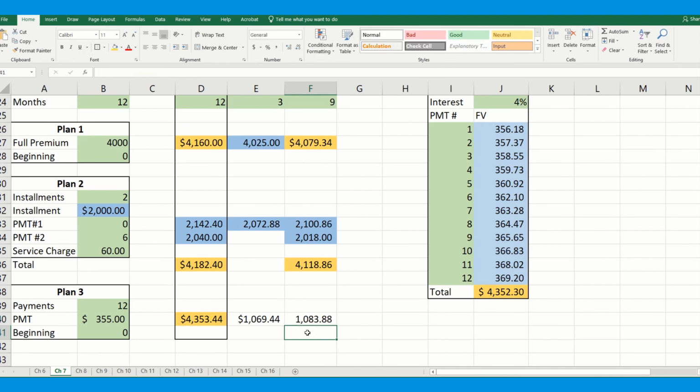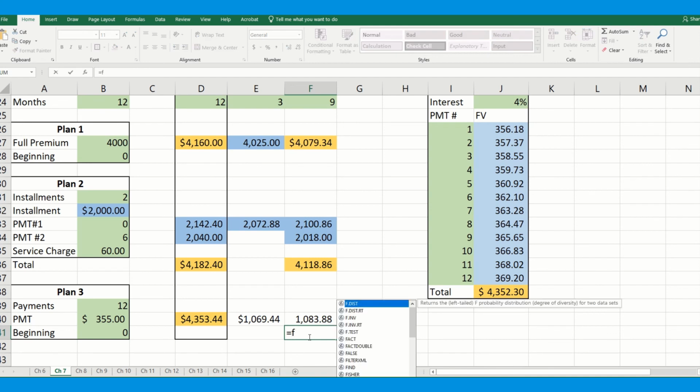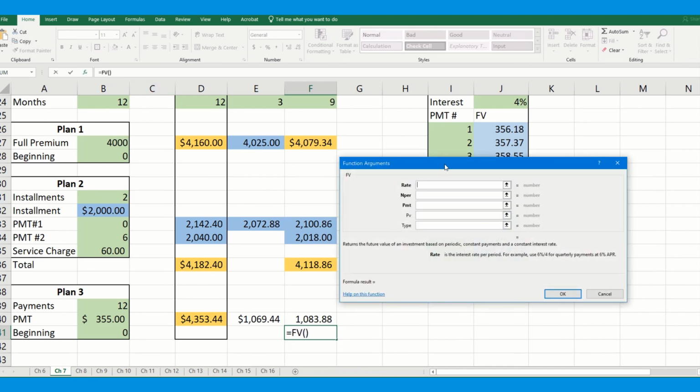Now we have the rest of the payments. Okay, the rest of the payments of $355. So in that case, I'm going to have equals future value bracket, and I'll come up here into my FX.